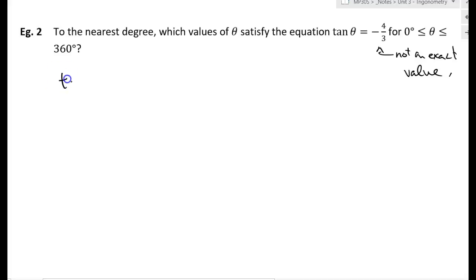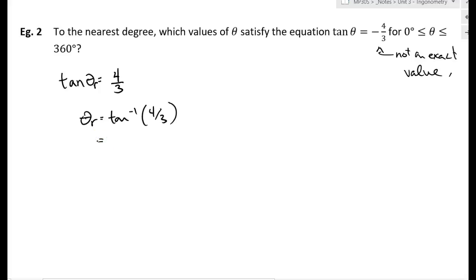So the first thing we're going to do is take tan theta equals just 4/3, and we're going to solve for that reference angle if we treat it as positive. So our reference angle is going to be the tan inverse of 4/3. Remember when you're plugging this in that you want your calculator to be in degrees.